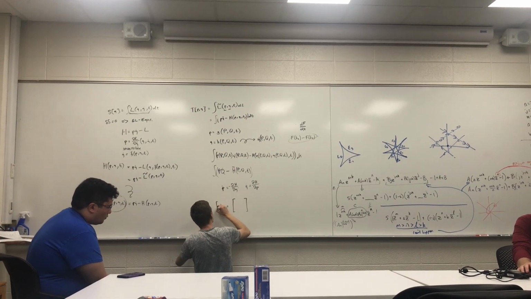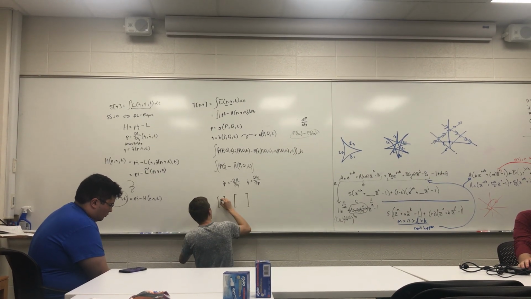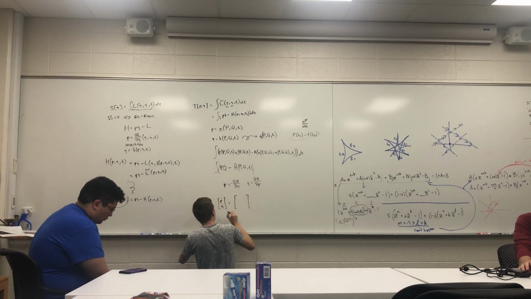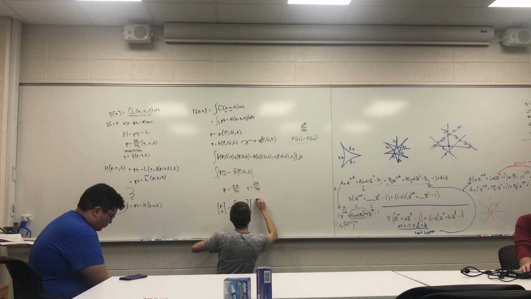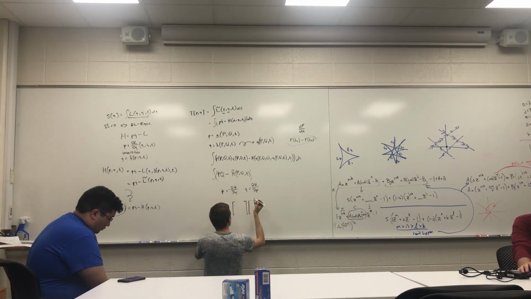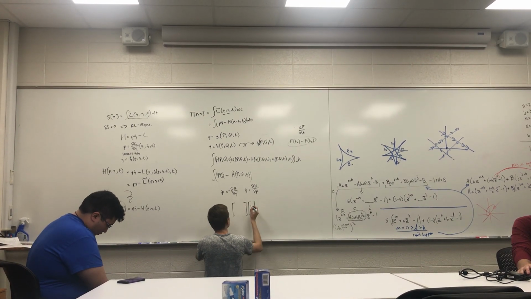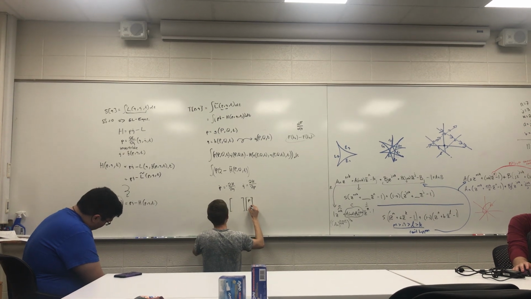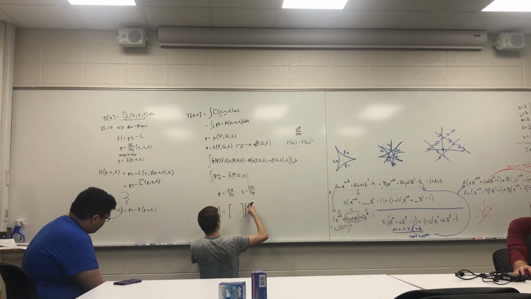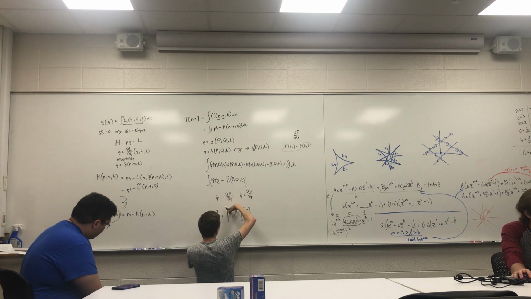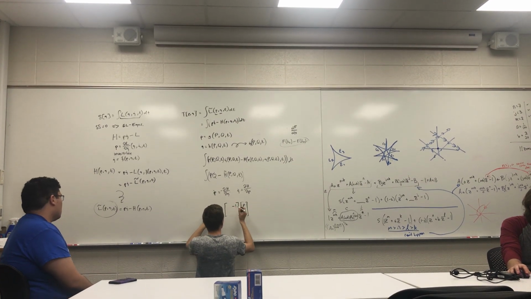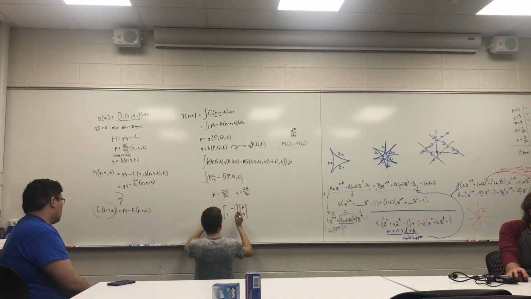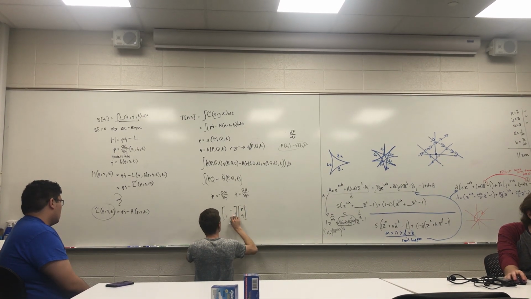Maybe like this, more explicitly: P dot and Q dot, and then over here P and Q. I think you want them in the same order. Okay, so this needs to have that and that, but it's going to be a derivative.